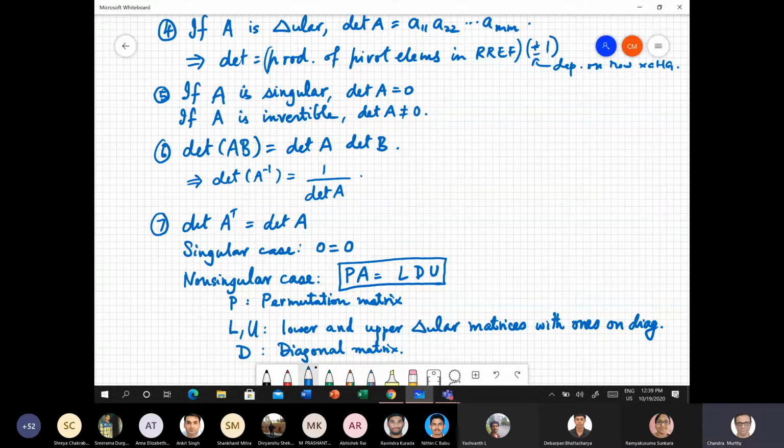It is certainly unique up to a different order of executing the row exchanges in this permutation matrix.